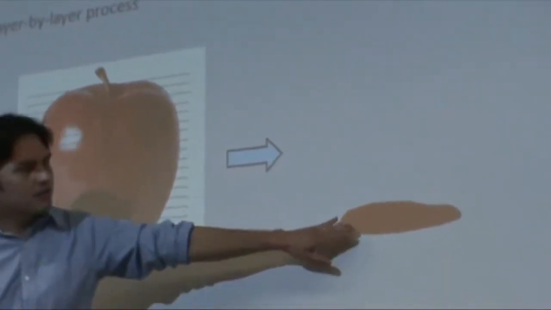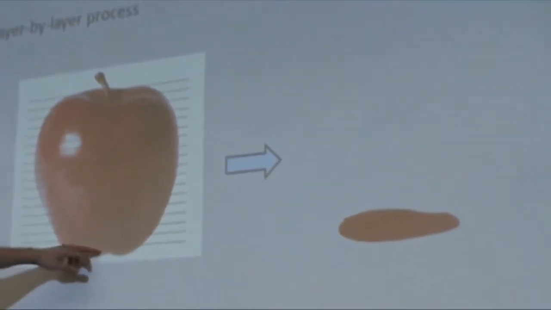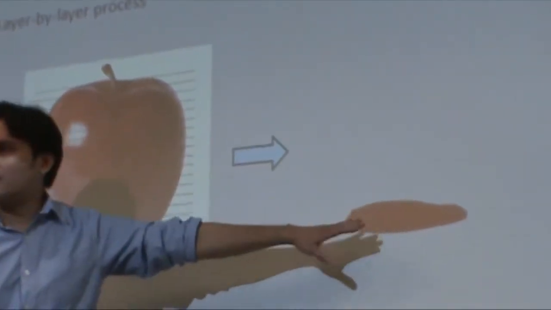What happens is you simplify the 3D geometry to just a 2D cross section. If you take just one slice and put it here, it will look like this, just a 2D cross section or 2D slice of the apple.